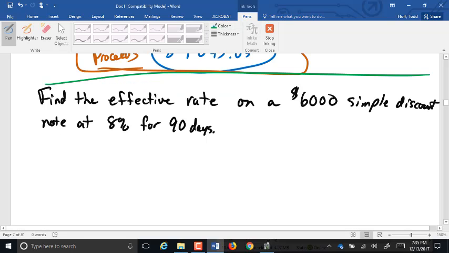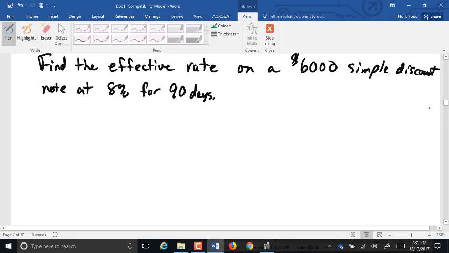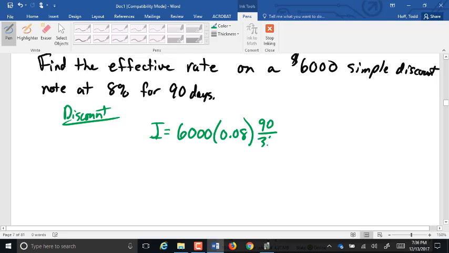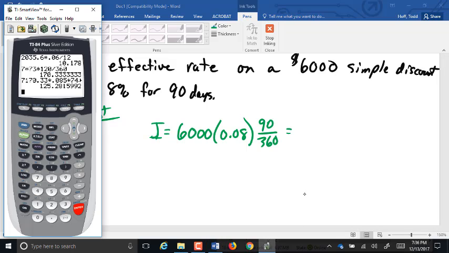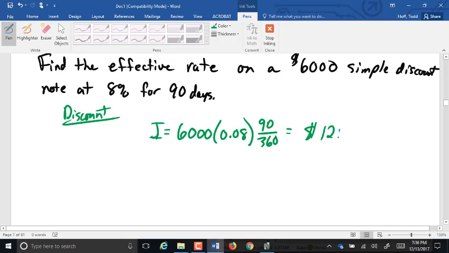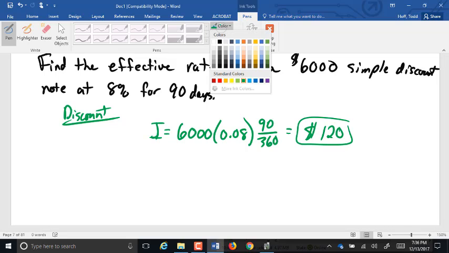Effective rate on a simple discount note. First, find the discount, which is interest. That'll be the 6,000 times the rate of 0.08, 90 over 360 again, giving us $120 in interest, $120 discount.